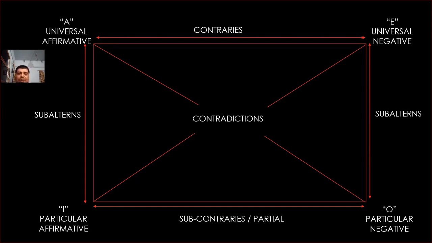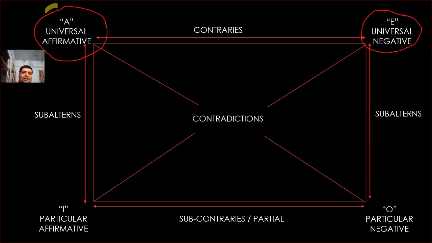On the top left it is A, on the top right it is E, on the bottom left it is I, and on the bottom right it is O. This is universal affirmative and this is universal negative.